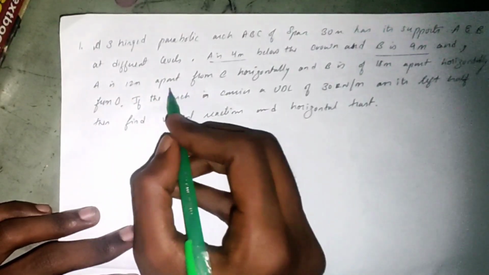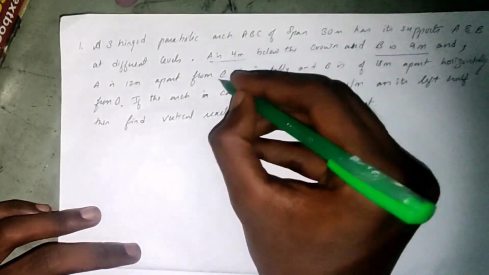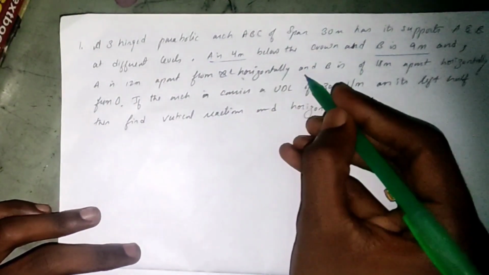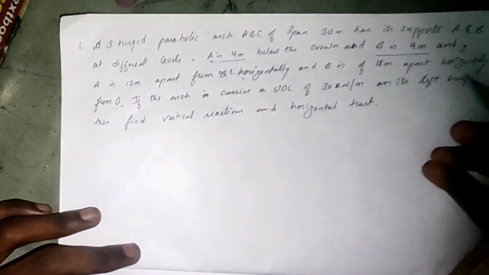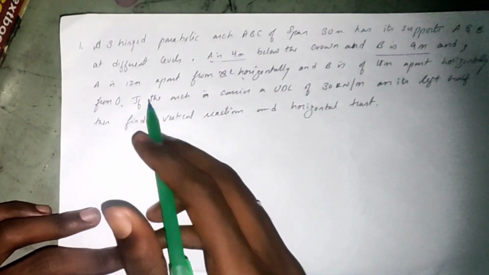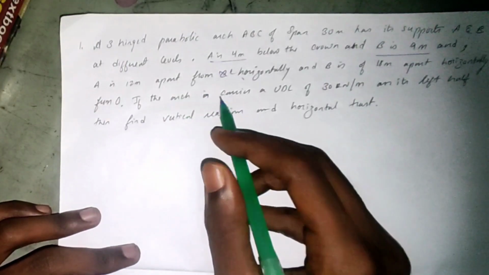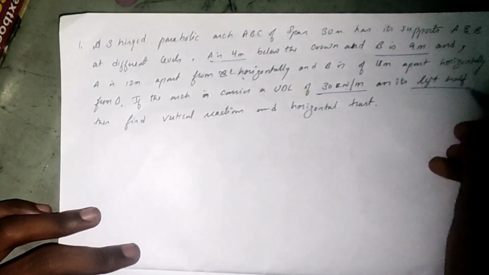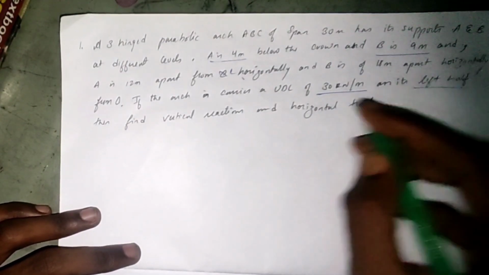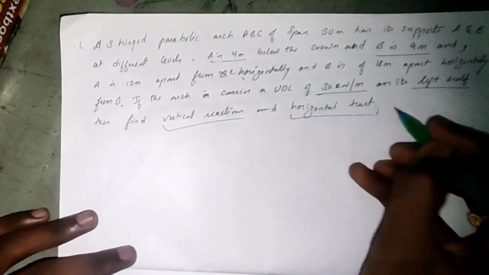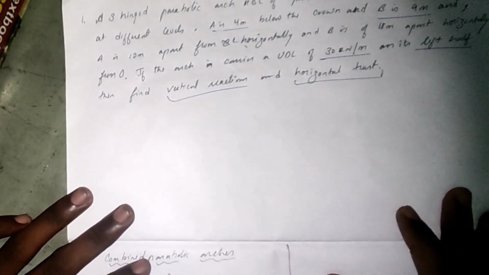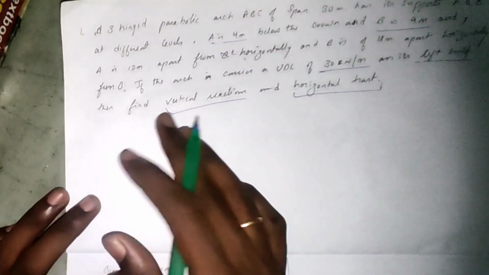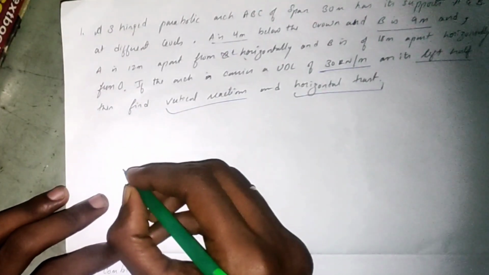A is 12 meters apart from C horizontally, and B is 18 meters. If the arch carries a UDL of 30 kilonewtons on its left half, then find horizontal reactions, vertical reactions and horizontal thrust. So let us draw the diagram.